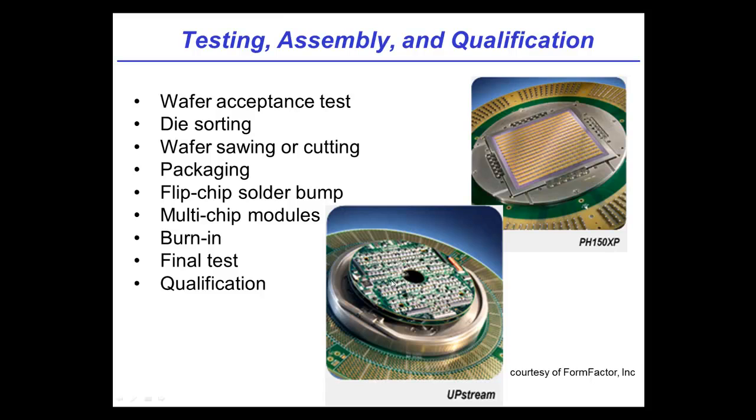FormFactor happens to be one of them, and this just shows some equipment they use that performs a variety of tests, both on the die on the wafer, and then after the die are packaged, and we're going to talk about packaging in a minute, on the packaged devices. And all sorts of tests go on, and final adjustments. It's a really pretty interesting ecology of businesses that do this kind of stuff.